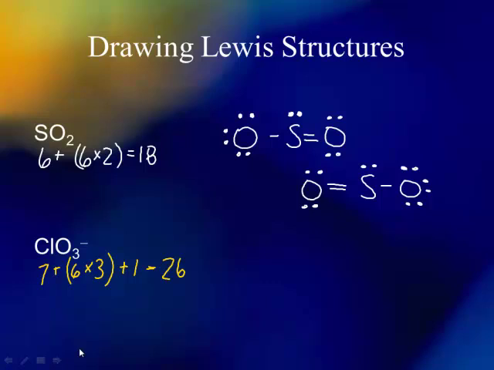Now draw the skeleton structure. Chlorine in the middle with oxygens attached by single bonds. Fill the octets of the outer atoms. Once the outer atoms are full, look to see if you have any remaining electrons to draw.